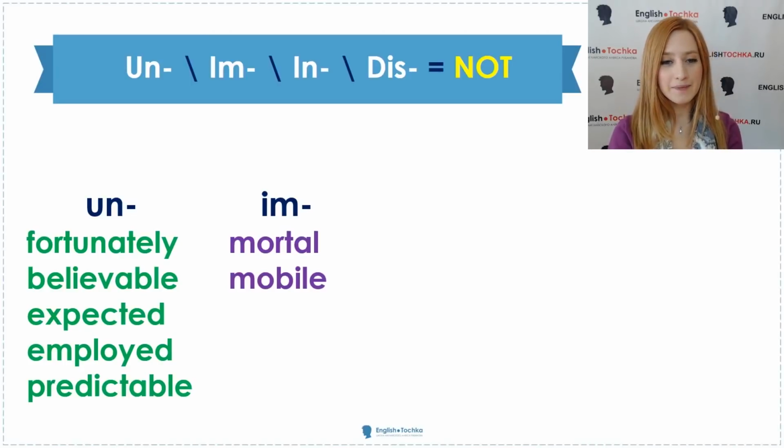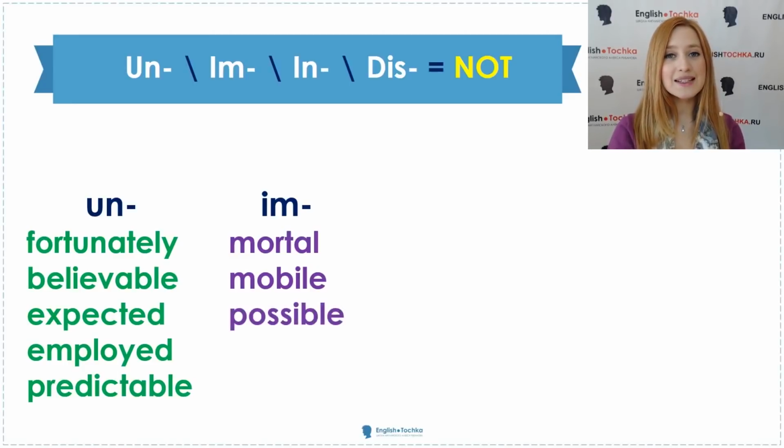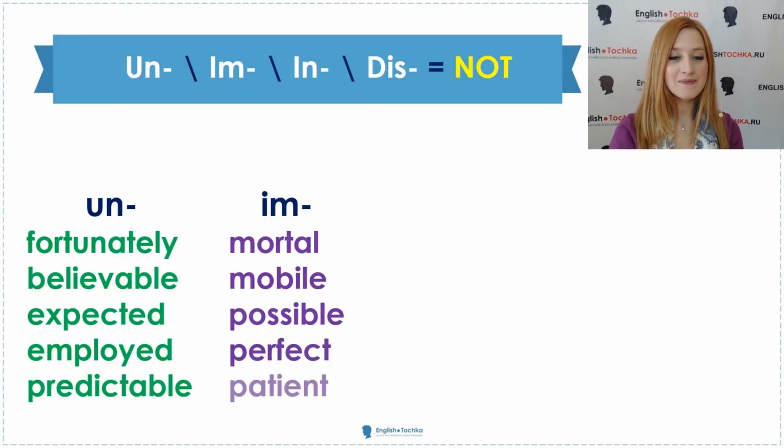Mobile or immobile: a mobile thing just moves around, and an immobile thing is fixed in a place. It doesn't move. Possible and impossible. See, it starts with P. Perfect and imperfect, right? Patient: we can wait, then we are patient. And impatient: we can't wait, right? So see, im usually goes with words which start with M or P.